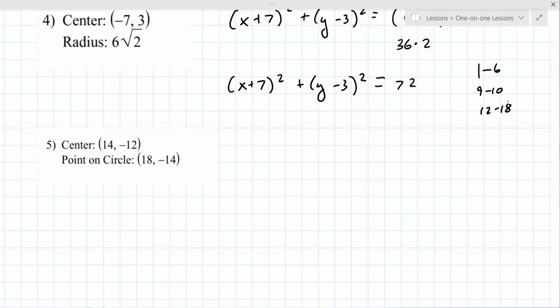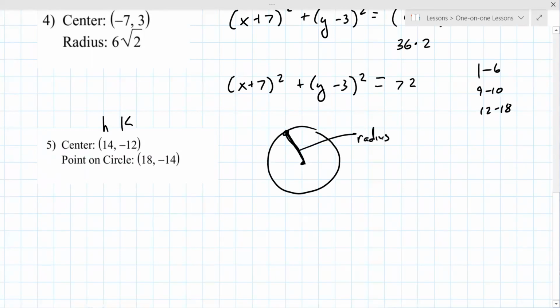Okay, so the center is still h, k. Great. So there's a center of the circle, and then there's a point on the circle. Okay, I don't know where they are relative to each other. What is this called? This thing right here. It's the radius. To find the radius, you need to find the distance between 2 points. You need the distance formula.